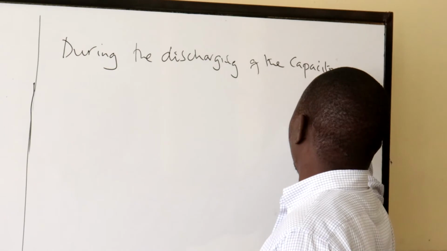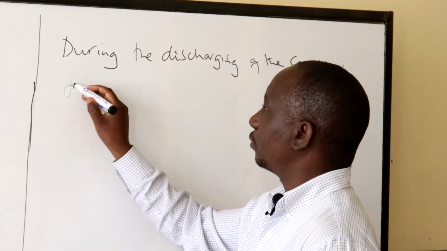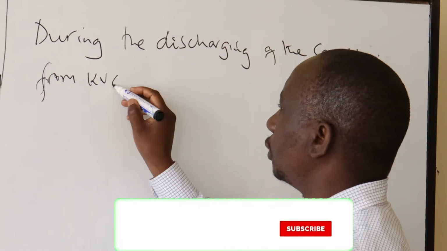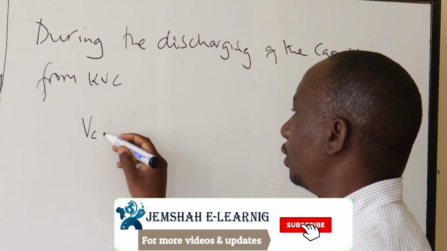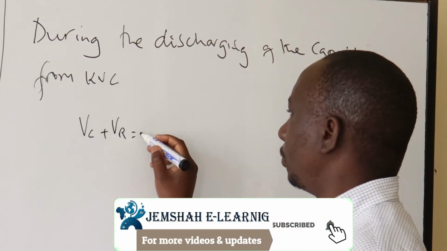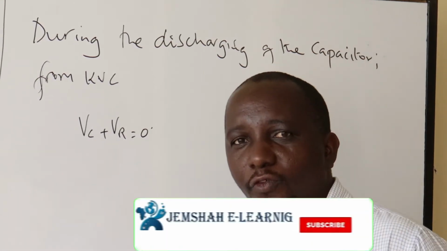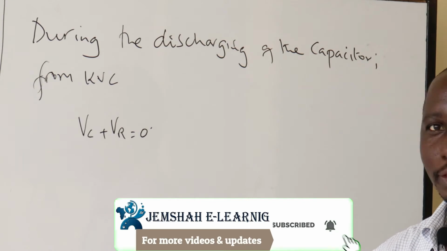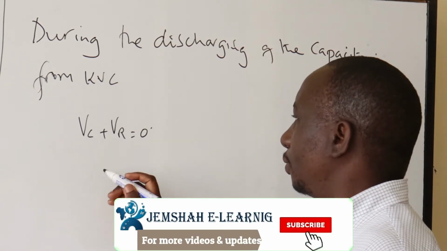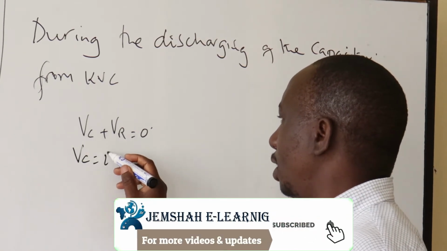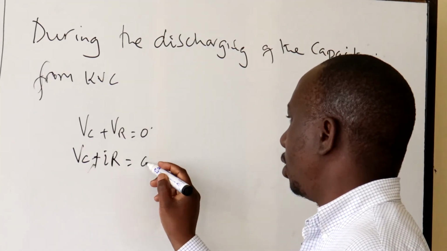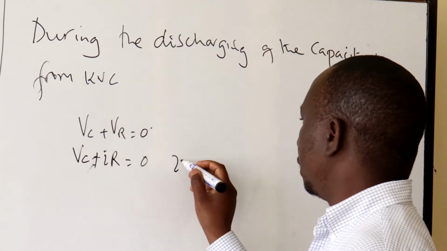Then, from Kirchhoff's voltage law, VC plus VR is supposed to be 0, because our final voltage is supposed to be 0. Our source voltage is supposed to be 0. We are not charging it. So remember, this is VC plus IR, supposed to be 0.